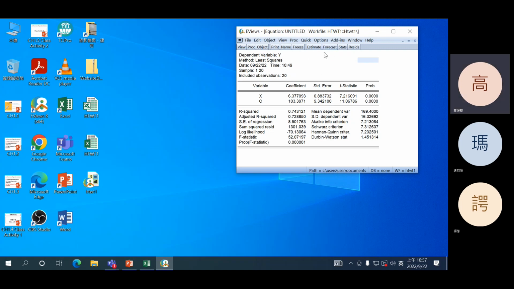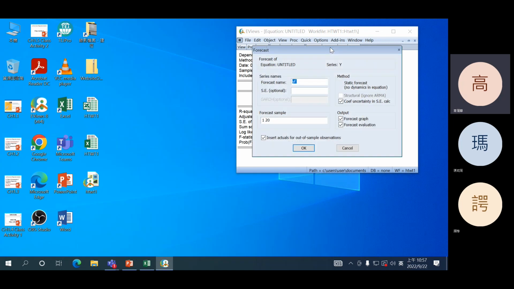After I have this output, did you see the forecast? The function of the forecast means y hat, okay? Since our y variable is y, they automatically use the variable name yf for the forecast.